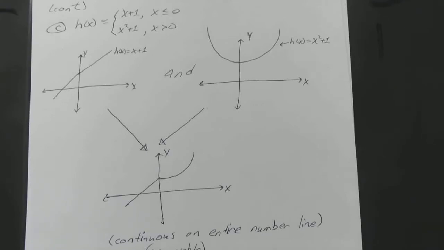All right. Any other questions on this one? Why does it need to be classified as removable if it's continuous? Because the original graph is discontinuous. All we did was create a continuous graph from a discontinuous one.